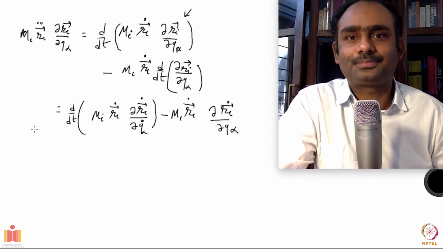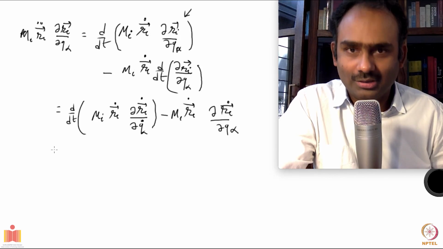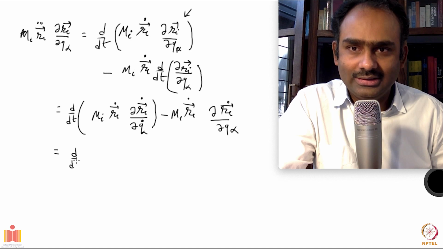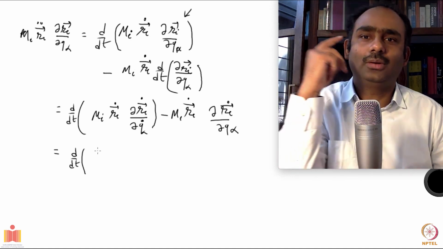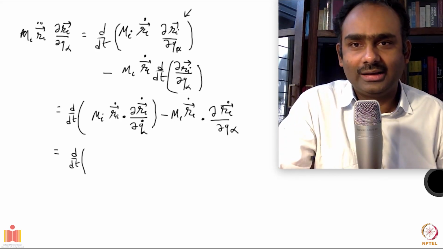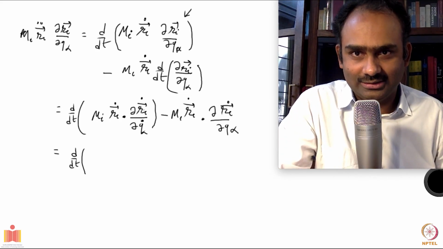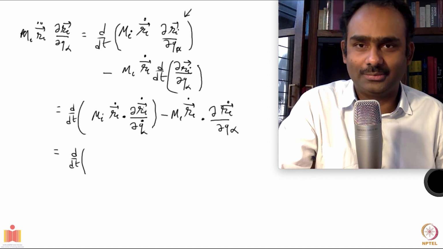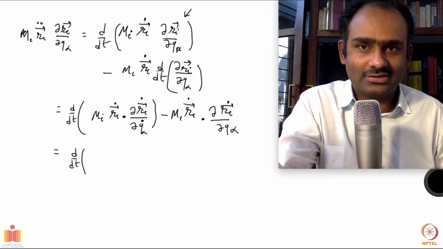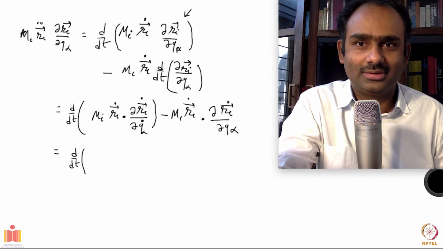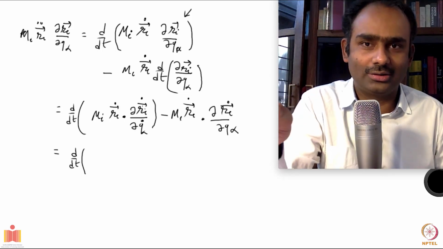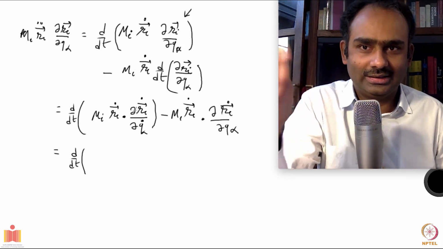That's good, and it is good because of the following reason. This I can write as d over dt of, now what is this? I can put the ri dot inside the derivative term here. So it will become ri dot square. But then I will have an extra factor of 2, right? Because if you take the derivative of r dot square, it gives 2 r dot del r dot. So I get an extra piece of 2.